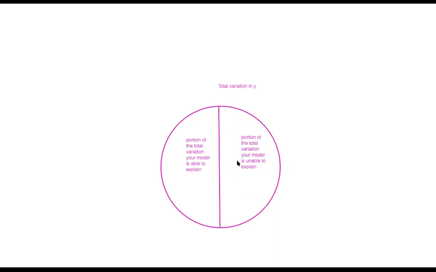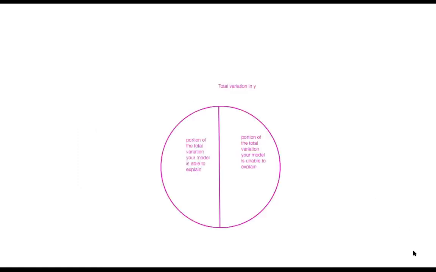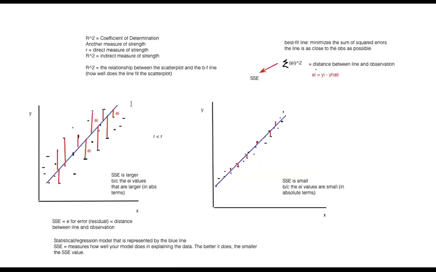The circle is made up of these values: you calculate these differences, you square them, add them all together, and you end up with this circle. And then the right half of that circle, the portion that is not explained, is the EIs.